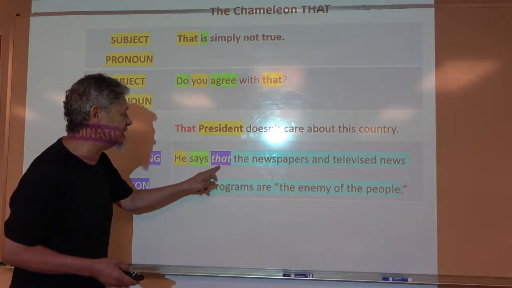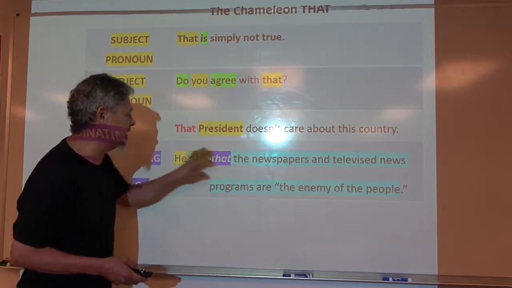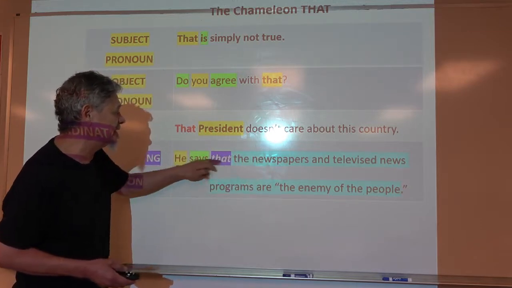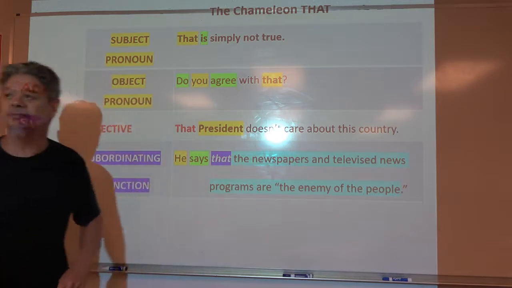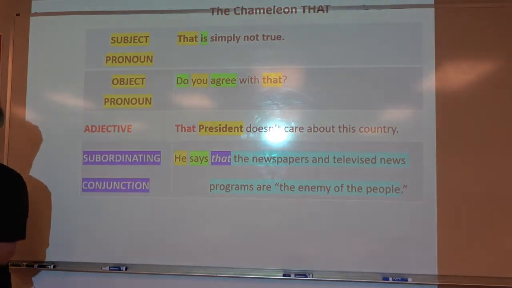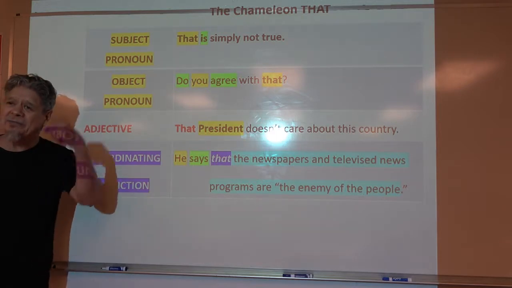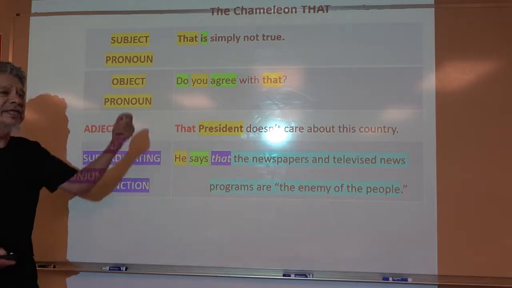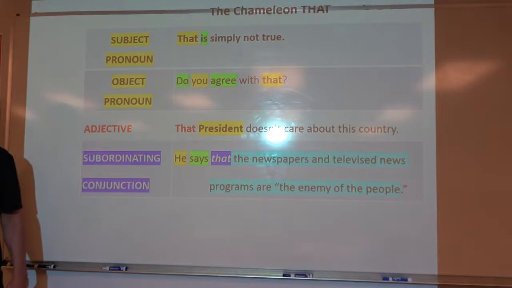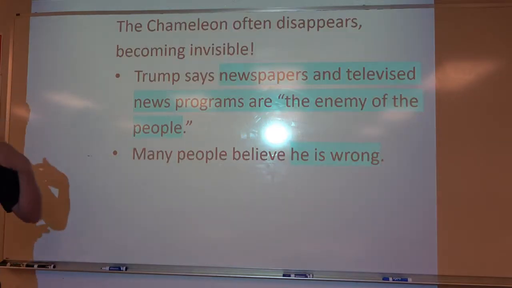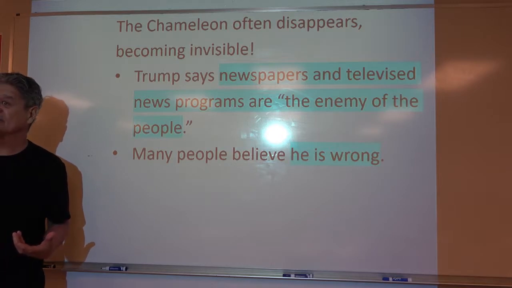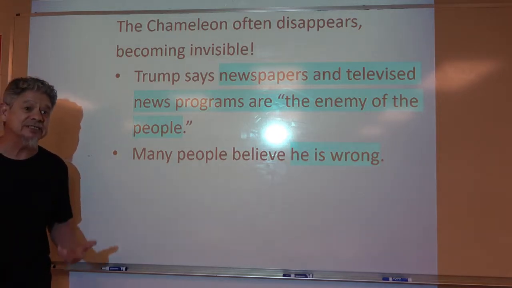This subordinating conjunction is connecting these 2 clauses, and it's creating a dependent clause. But there's a 5th characteristic of the chameleon. There's one more reason why this word is unique. And that is that sometimes it disappears and it becomes invisible.